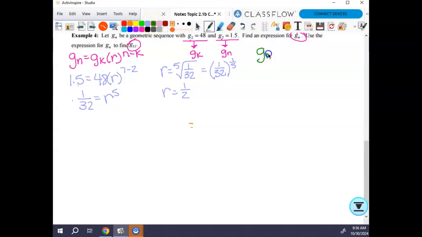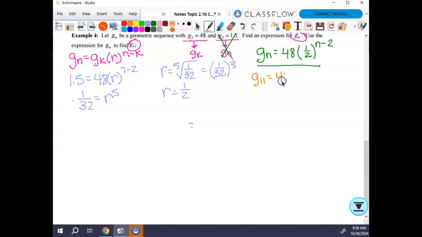So now I can write my equation. G sub n is equal to G sub k, which is 48, times r, which is 1/2, to the n minus 2 power. Okay, there's my G sub n. Then I want 11.